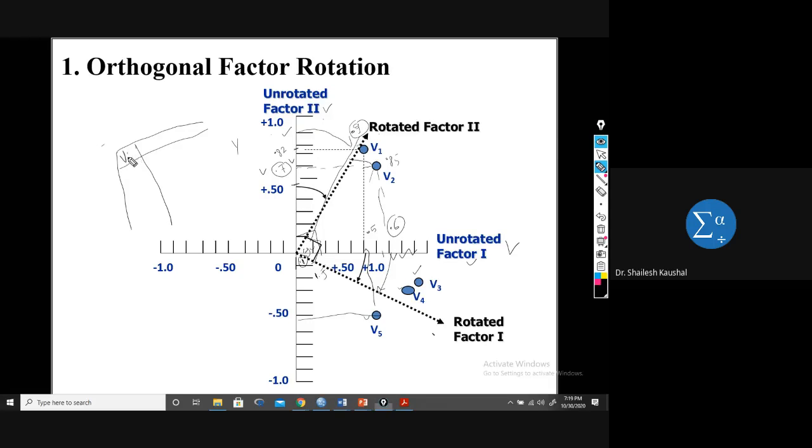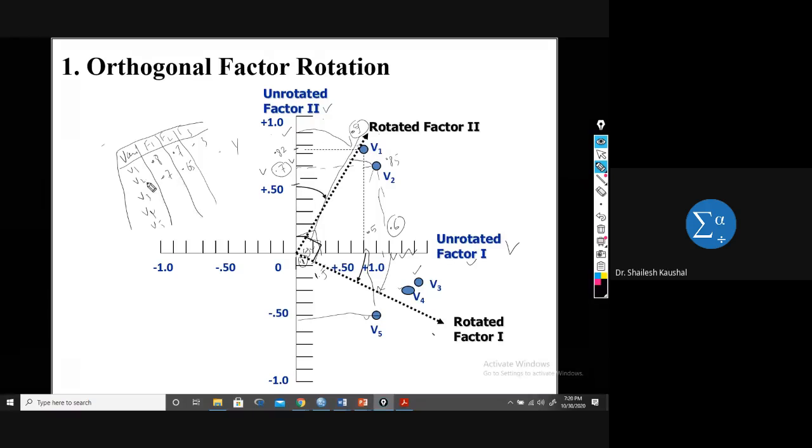Here are the variables v1, v2, v3, v4, v5, and the factors f1, f2, f3, with factor loading values like 0.8 and 0.7, and here 0.3, 0.7, 0.65, and so on.